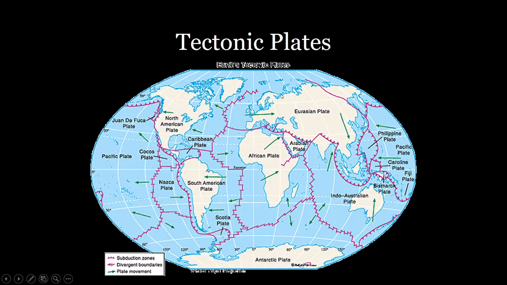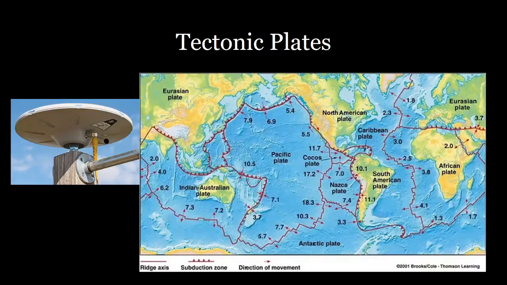And between them, we have plate boundaries that are going around the entire planet. And you can see those here with the different plates moving, such as the North American plate slowly moving to the west, the Nazca plate moving to the east, and so forth. And you have several of these plates throughout the planet.